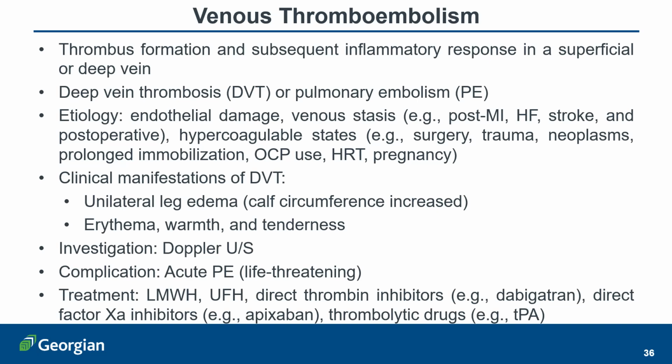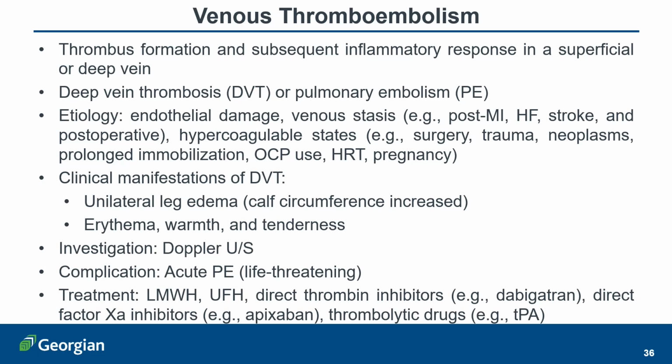Other etiologies include various conditions that lead to an increased risk of activation of the coagulation cascade, in other words, hypercoagulable states that develop after surgery, after trauma, when malignancies are present, or if there is prolonged immobilization, especially for DVT. If you are in traction, for example, there's an increased risk of DVT.